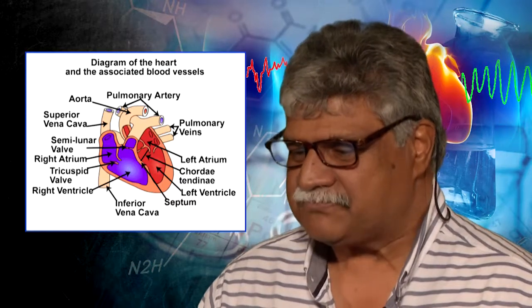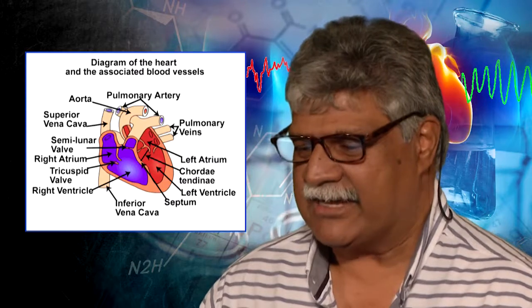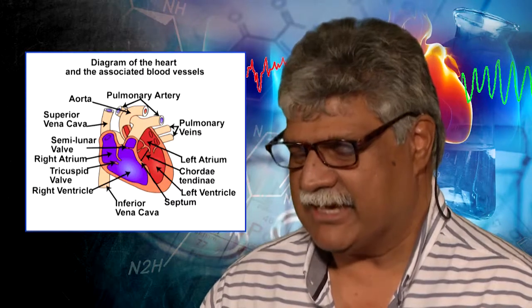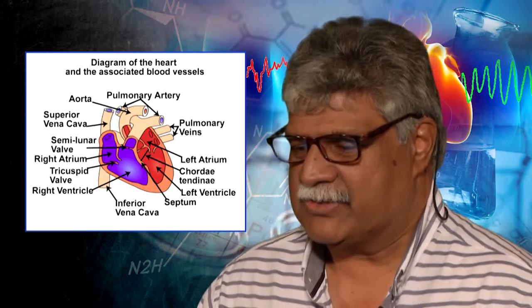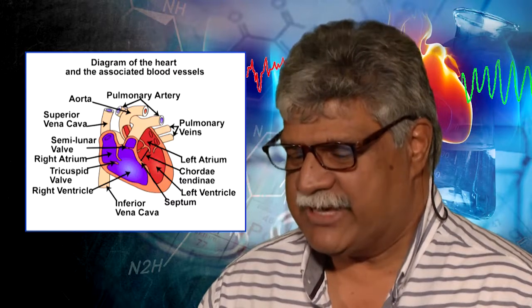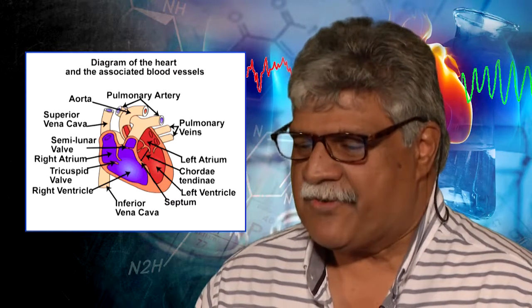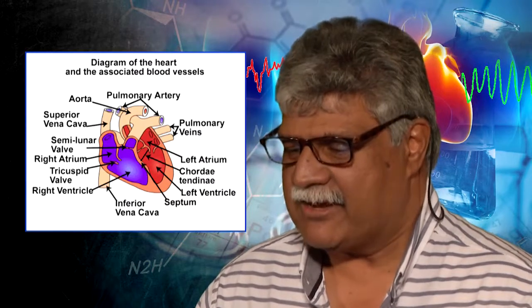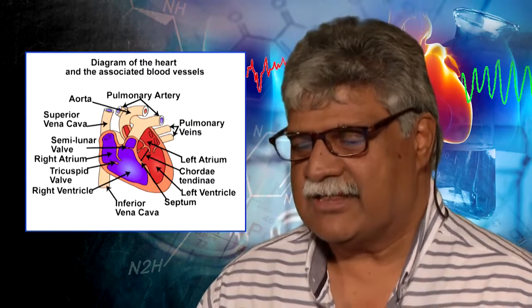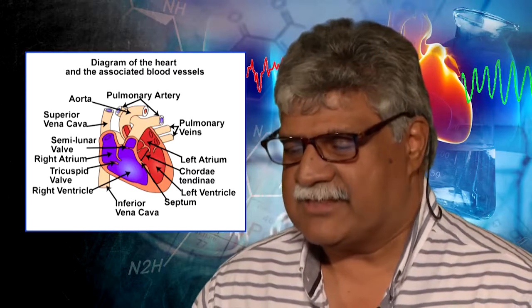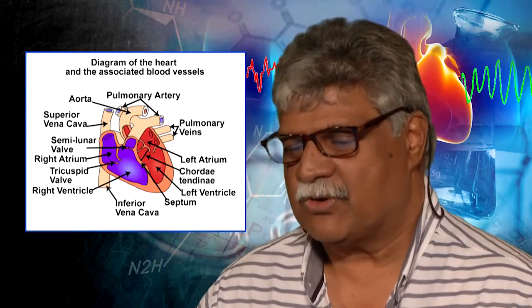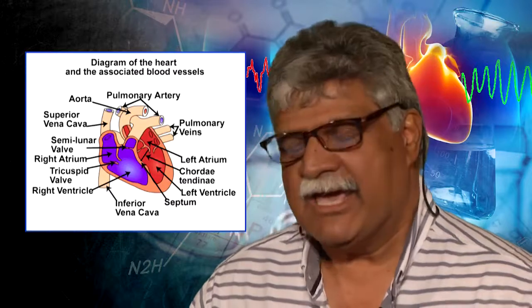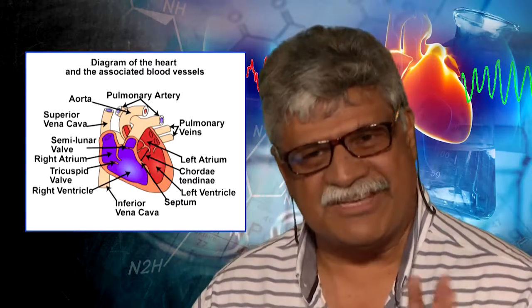And if you look at the right side of the heart again, you will see that between the right atrium and the right ventricle there is a valve. And this valve is called, appropriately, atrioventricular valve.